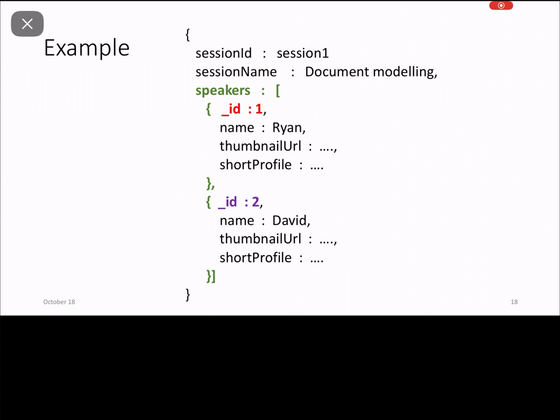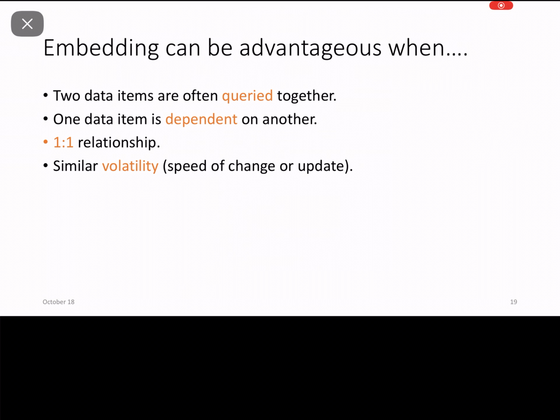So how does embedding look like? In this example, you have a single document on a session, as indicated by the outer curly braces, and inside there you have a name value written as speakers, and this is actually a list of documents once again. But unlike referencing, the innermost document is actually a full document with its own name value.